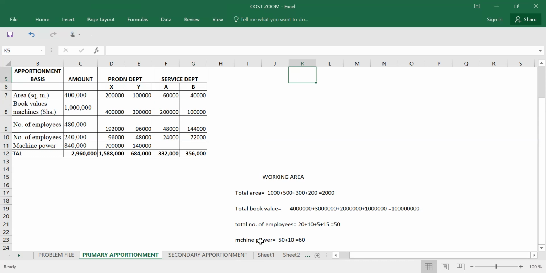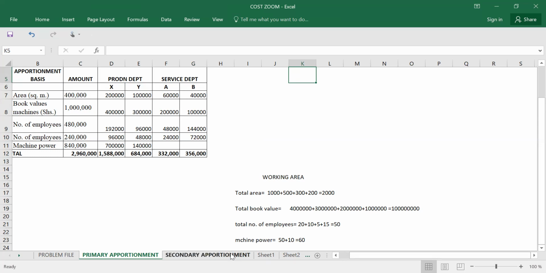So today we want to go ahead. We said secondary apportionment is where we transfer the overhead costs that we had distributed in the service departments to the production departments. Depending on the method that we're going to use, we want to start with the direct method.